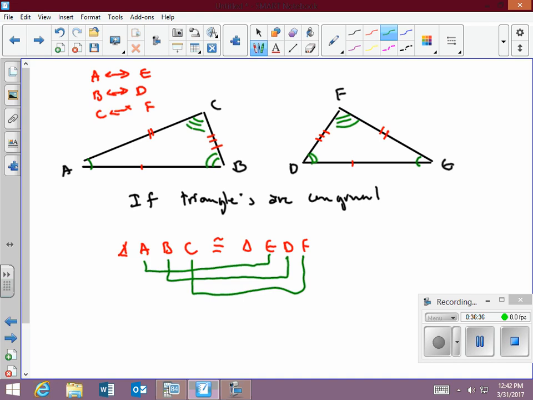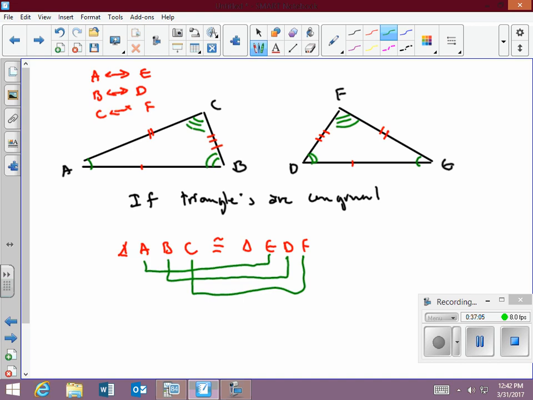And then transitive would be if you had a third triangle, then if your first triangle is congruent to the second, and the second is congruent to the third, then the first is congruent to the third. And that transitivity works for anything, angles, sides, whatever. So the reflexive, symmetric, and transitive laws apply, and definitions apply.